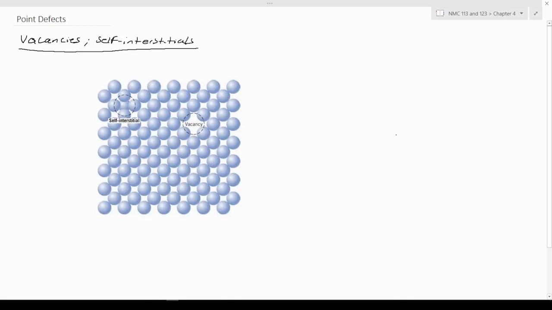And then there's a dependency of the number of equilibrium vacancies on temperature, and it's represented according to this relationship, which you'll just see in your notes or your textbook. Number of vacancies, that's N_V, and N is the number of available sites.